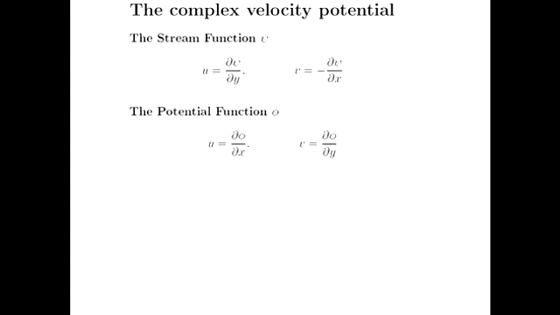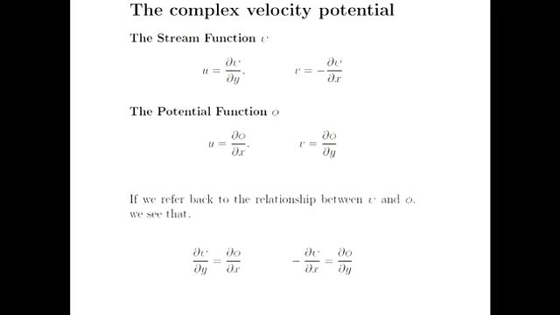So we've got equations for the stream function, we've got equations for the potential function, and we had this relationship in Cartesian coordinates between the stream function and the potential function. Have you seen that relationship at the bottom there?